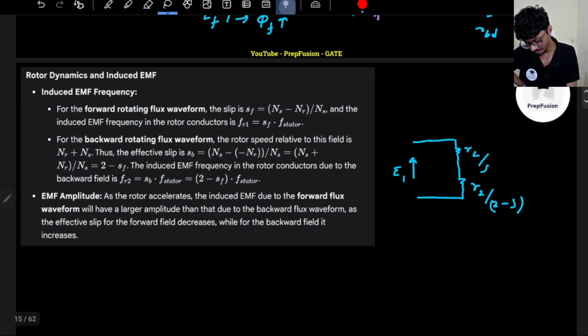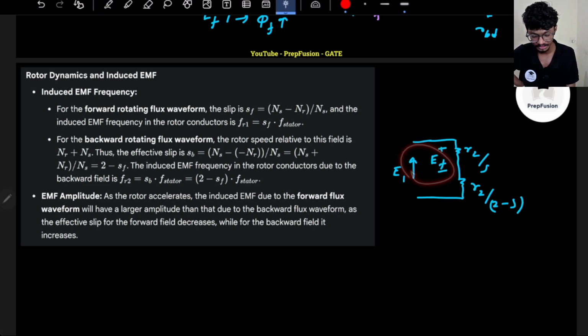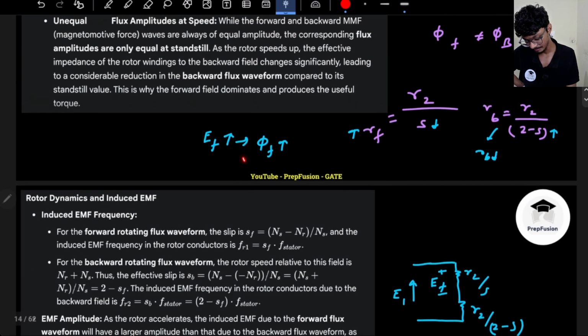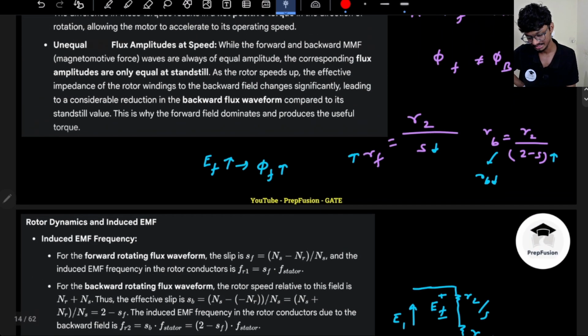Of course E is constant. So if this is higher than this, there will be more drop in the forward field than the backward field. If there is more drop in the forward field, the flux produced will also be higher. That's why the flux amplitude of the forward field will be much higher than the backward field.